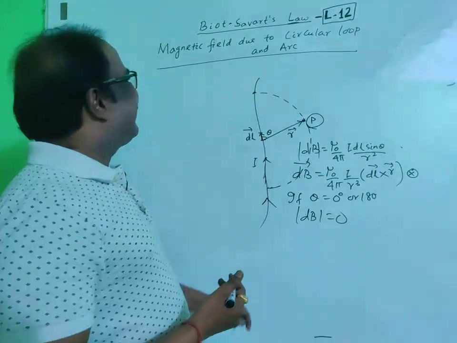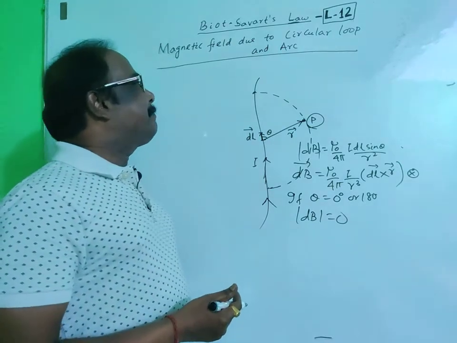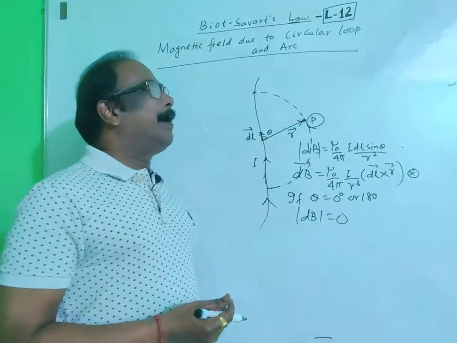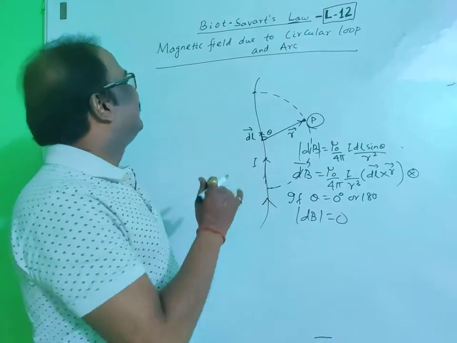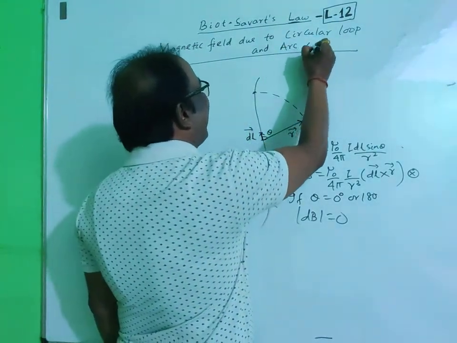In this lecture we are going to discuss the magnetic field due to a current carrying circular loop and arc.